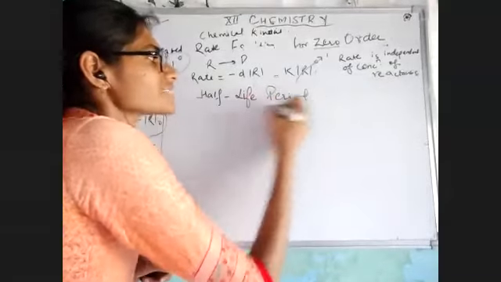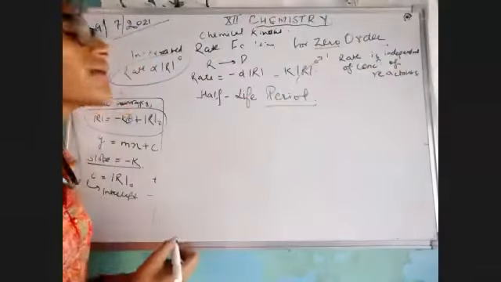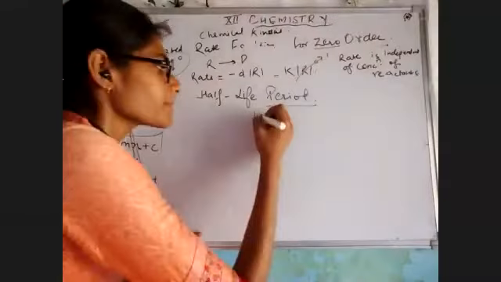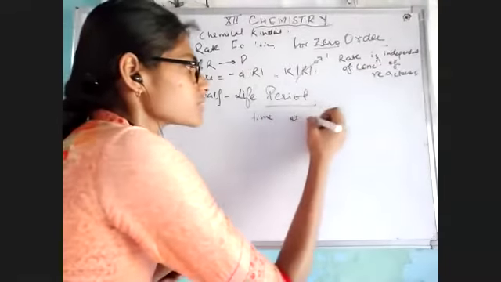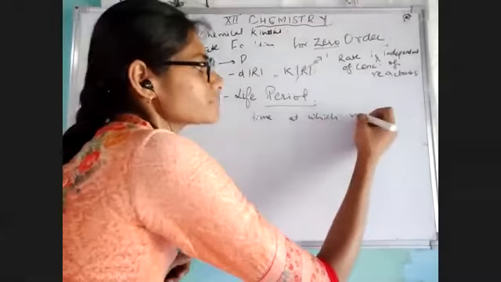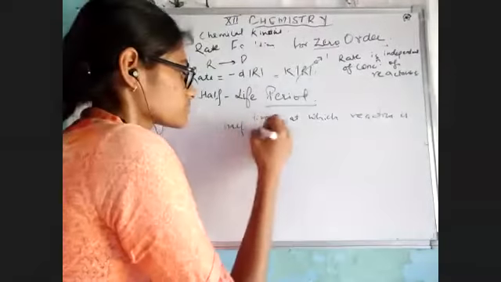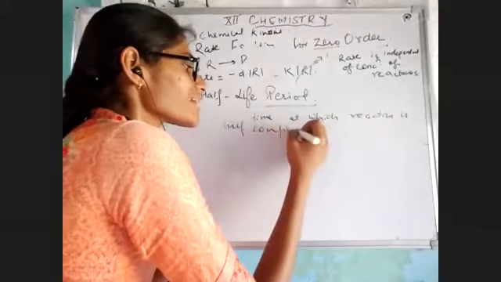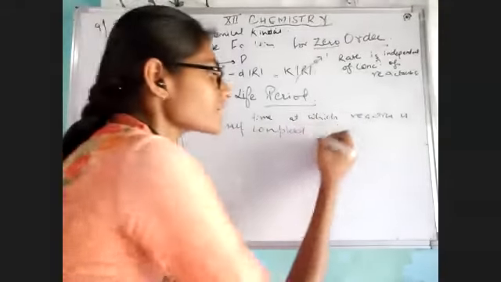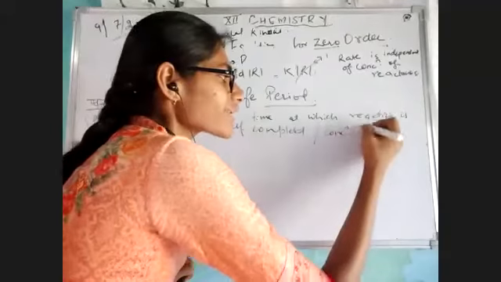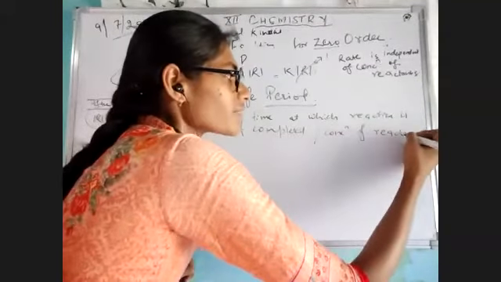As the name suggests, what is half-life period? Half-life period means the time at which my reaction is half completed. What does it mean by my reaction is half completed? I can say the concentration of reactant is consumed half.